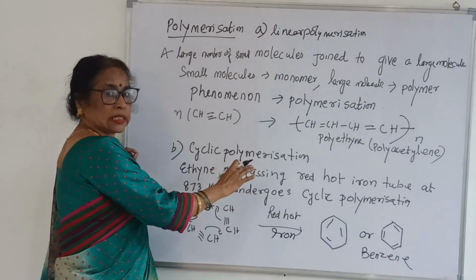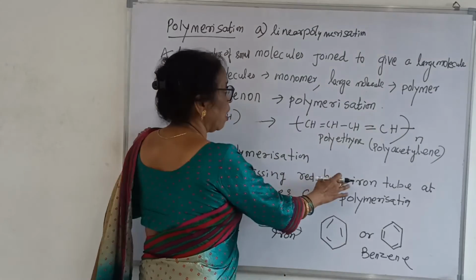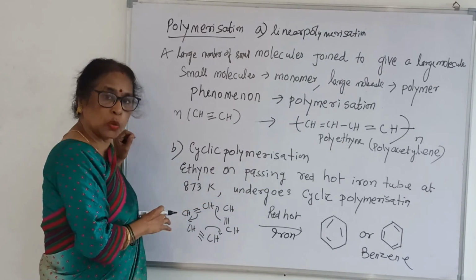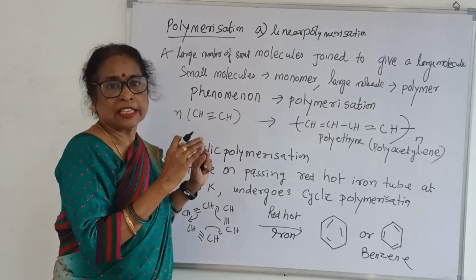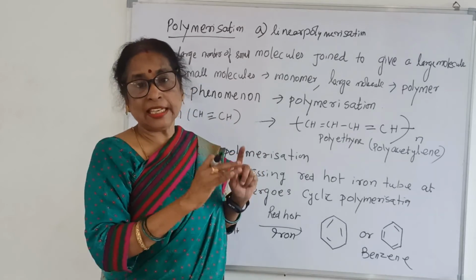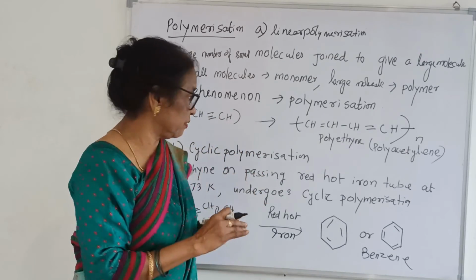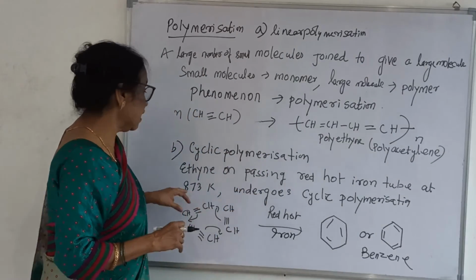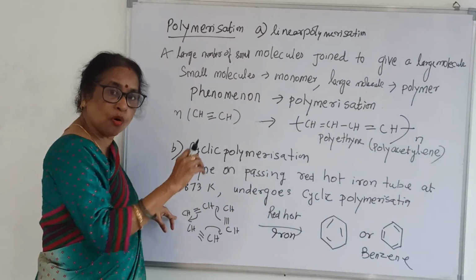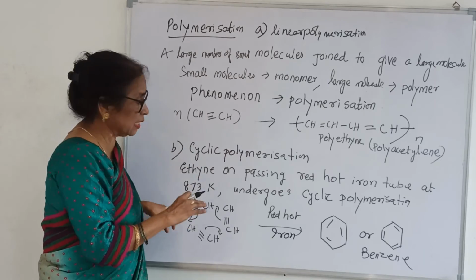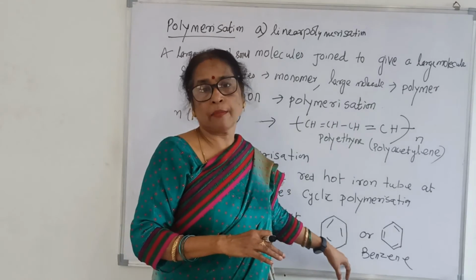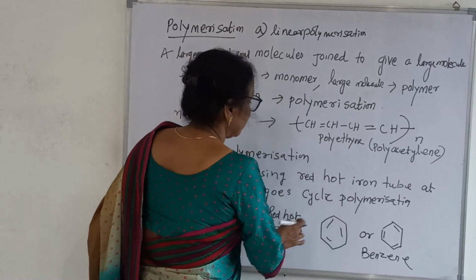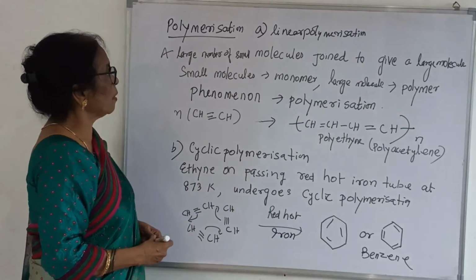The condition: red hot iron tube at 873 Kelvin undergoes cyclic polymerization. When you pass three molecules of acetylene over it, it gives one molecule of benzene. See, everywhere there is CH.